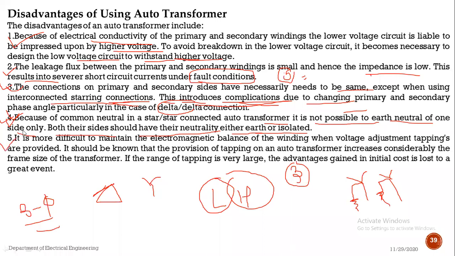The next and last disadvantage is that it is more difficult to maintain. It is more difficult to maintain the electromagnetic balance of the winding when the voltage adjustment tappings are provided.